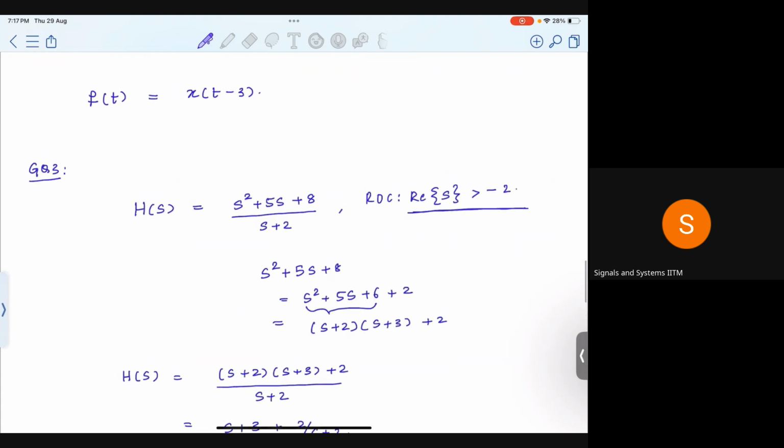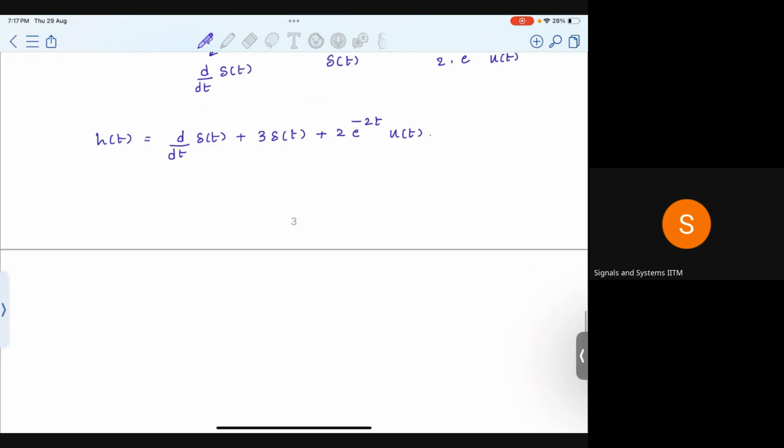You have to be a little careful here. When you have 1 by s plus a, if the ROC is greater than minus a, then this is e power minus at u of t.